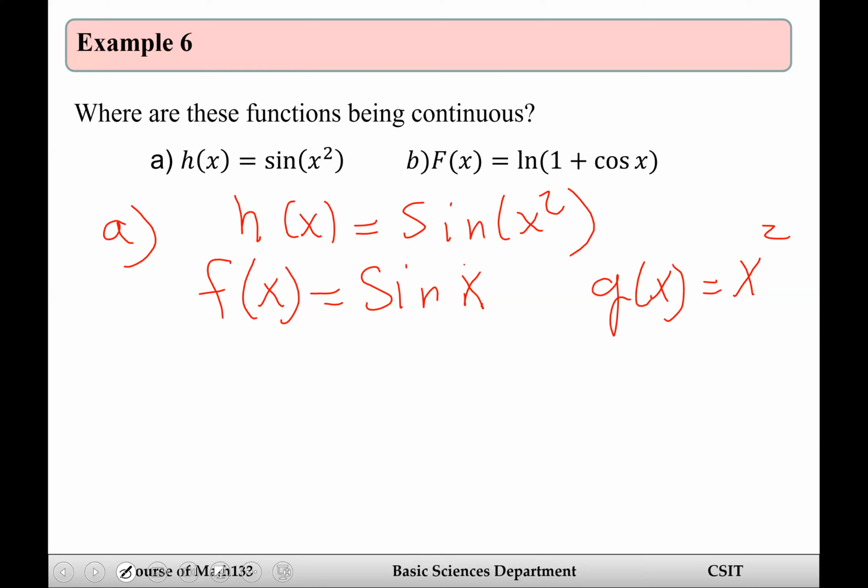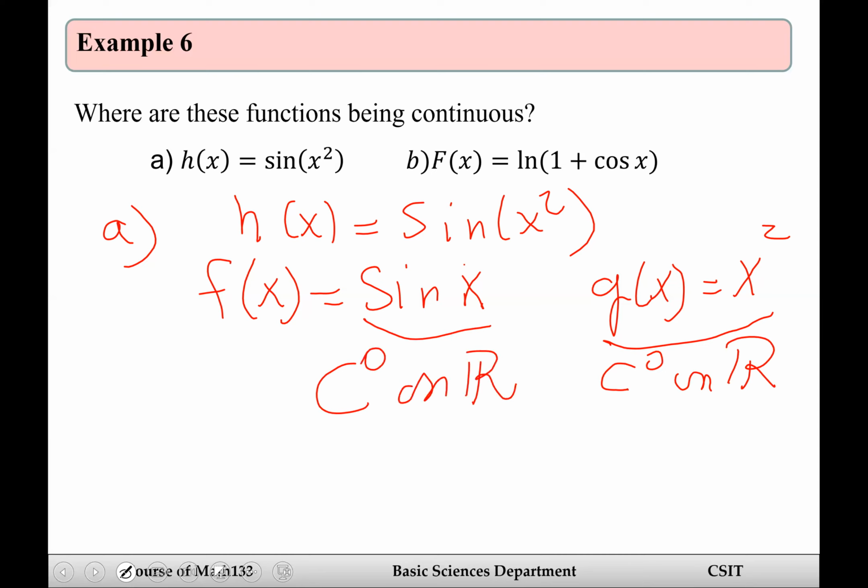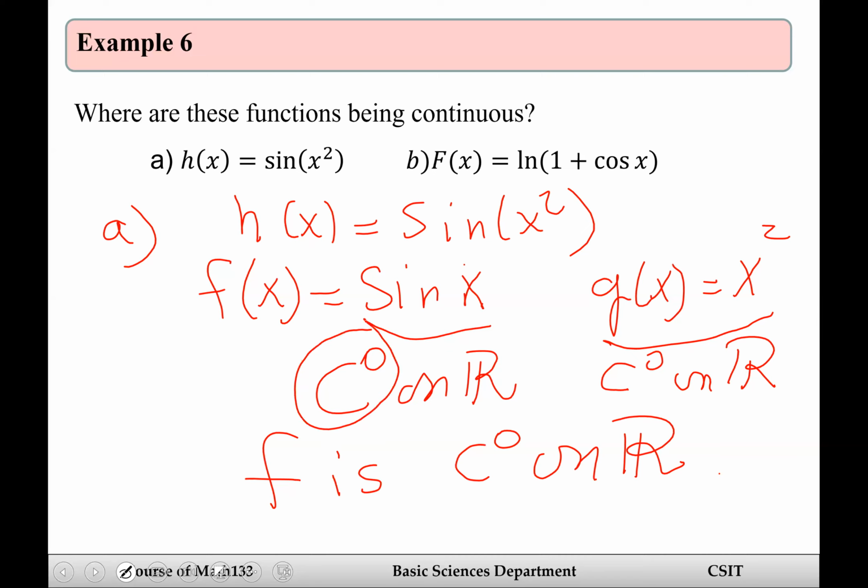Now since this function g is continuous everywhere, so on R, and this one is also continuous on R, from the theorem of composition, h is continuous on R. I will sometimes use a short form for continuous, to gain some time.